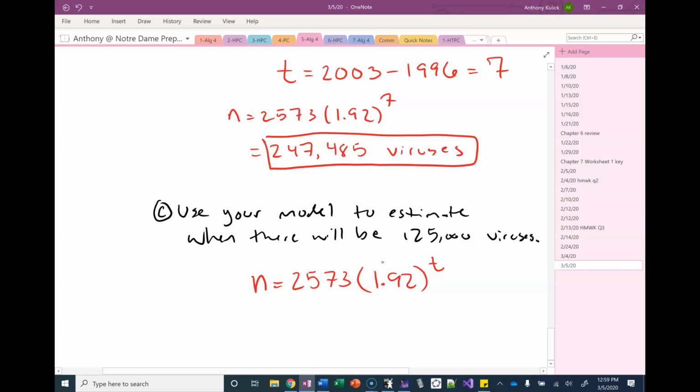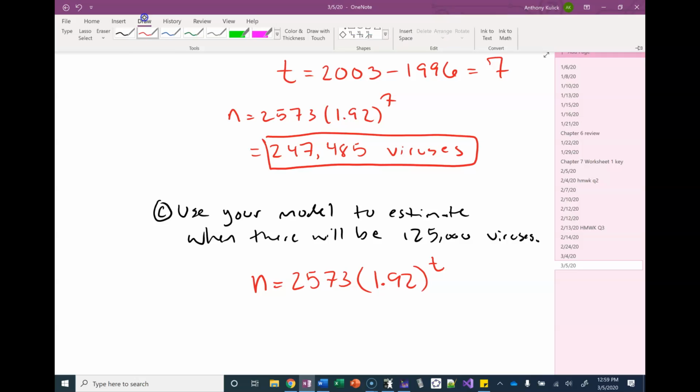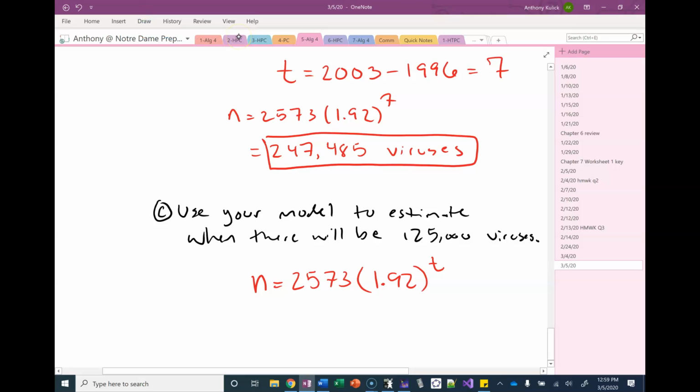So which variable is it asking us to solve for in this problem? T. How do you know it's going to be T? Well, the question is a when question, right? When is a time, right? So we're going to solve for T.